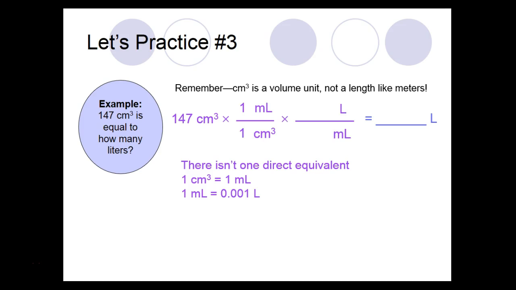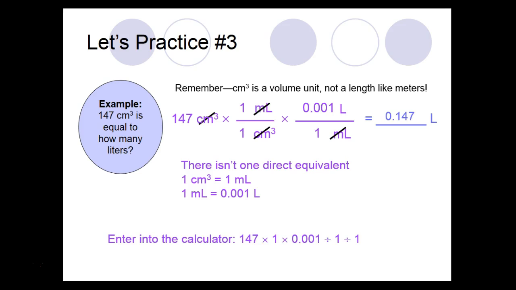Okay, so the first step is you've got to use the equivalent. Remember, 1 centimeter cubed is equal to 1 milliliter, and then you have to go from milliliters to liters, which is the desired unit. And you should have ended up with 0.147.